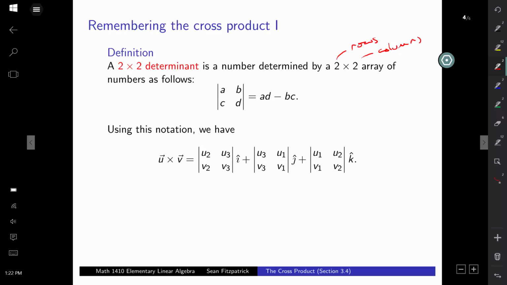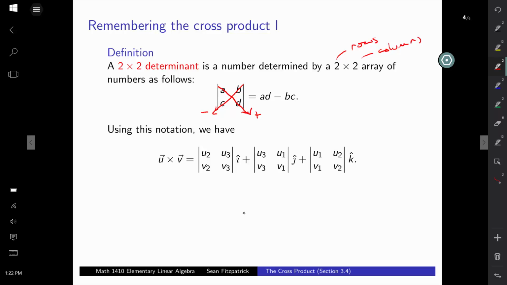It's 2 across, it's 2 down, and you do this diagonal here, so you do A times D, and that one comes with a plus sign, and then you do B times C, and that one comes with a minus sign. So you do one diagonal minus the other diagonal. So A times D minus B times C, and that gives you the determinant. And so you can remember it this way.